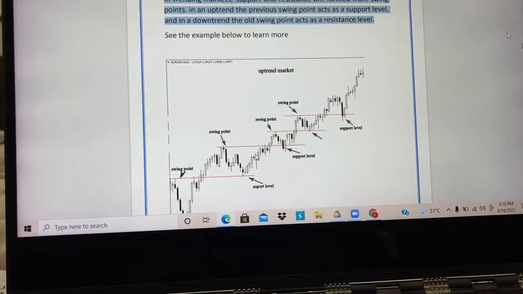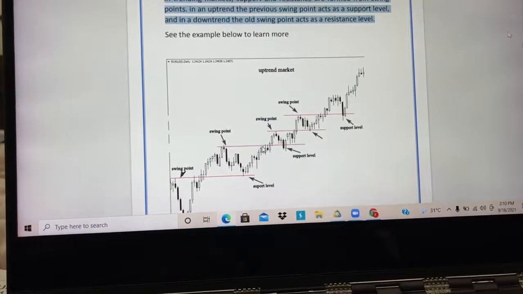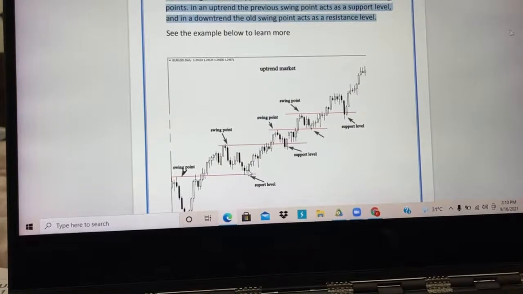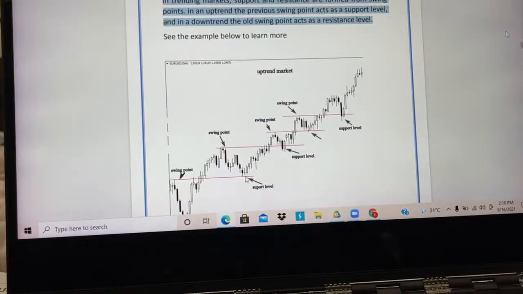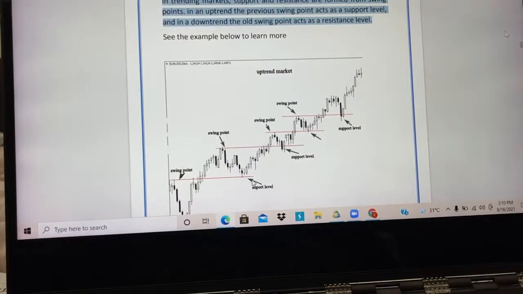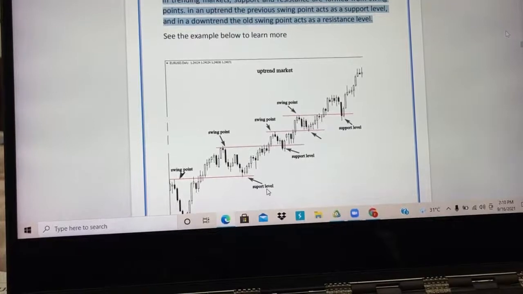It now reverses to go back up. At that point where you see the candles reverse and start to go up, where it didn't pass, it will be considered as the support level.